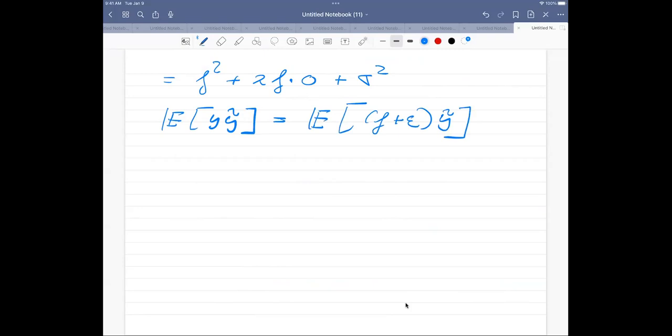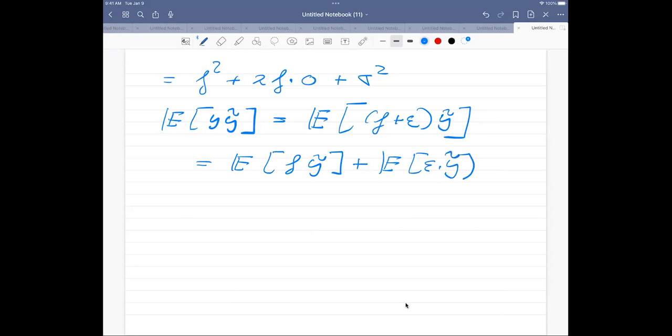And then again, I use what's called the linearity of these expectation values. So that means that I can rewrite this as the expectation value of f times y tilde, and then I have plus the expectation value of epsilon times y tilde, like that.